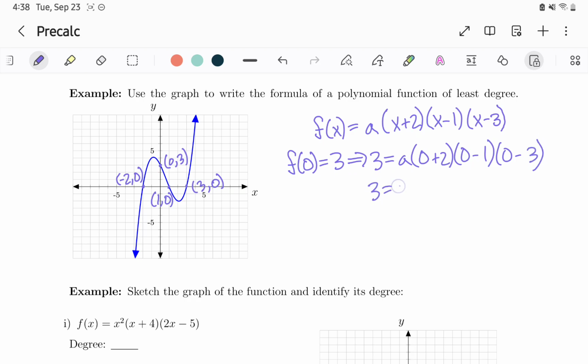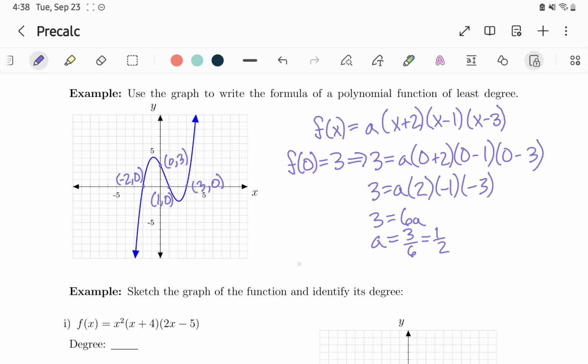So 3 is equal to a times 2 times minus 1 times minus 3, which is going to give us, so we have double minuses, so a positive 3 times 2 is 6, so we have 3 equals 6a. And so a is going to be equal to 3 over 6, or 1/2.